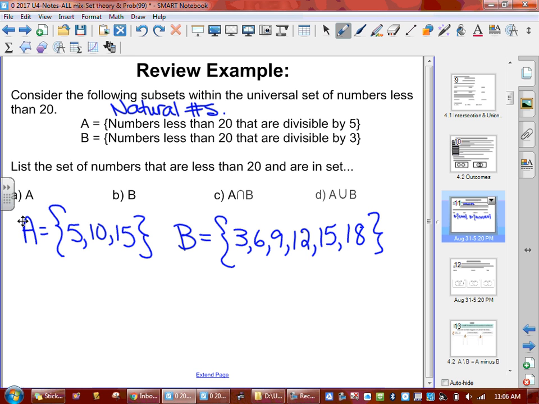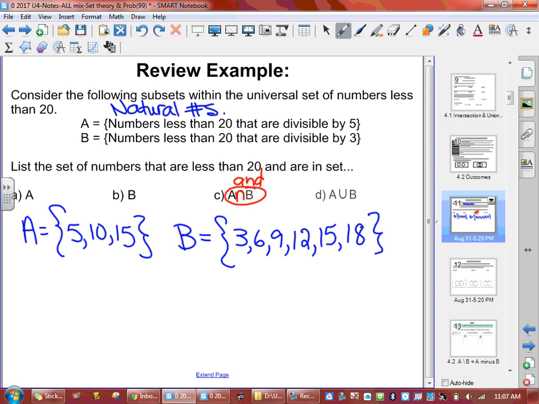What does letter C represent? Letter C is asking us to show something. What is letter C asking us with that symbol? A and B. So we would read this as and. That symbol basically looks like an N, and there's an N in the word and. So we've got the N, or the hill.